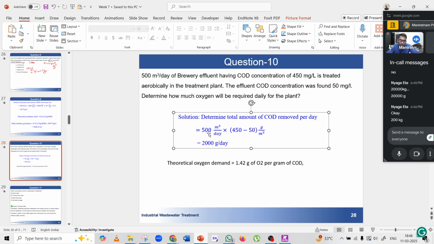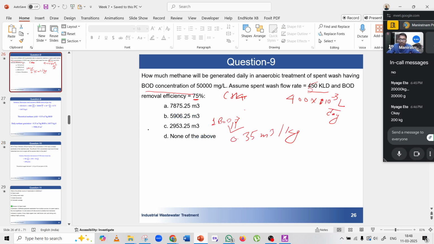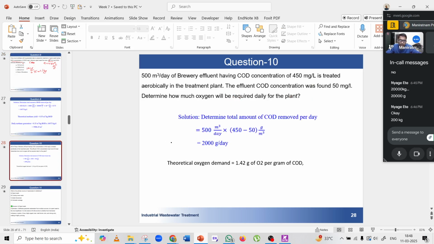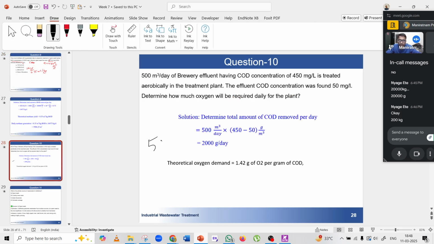So in this case it will be 20,000 grams. Remember what we were calculating. We were calculating 500 into 400 gram. So it will be triple zero, and there will be two more zeros. This much gram per kg.